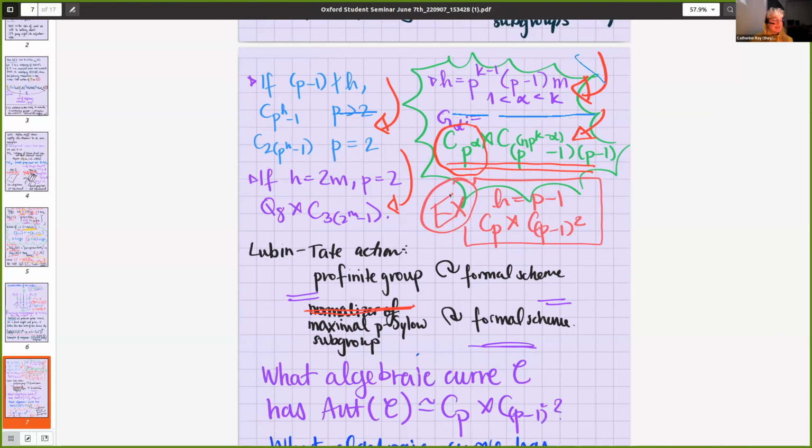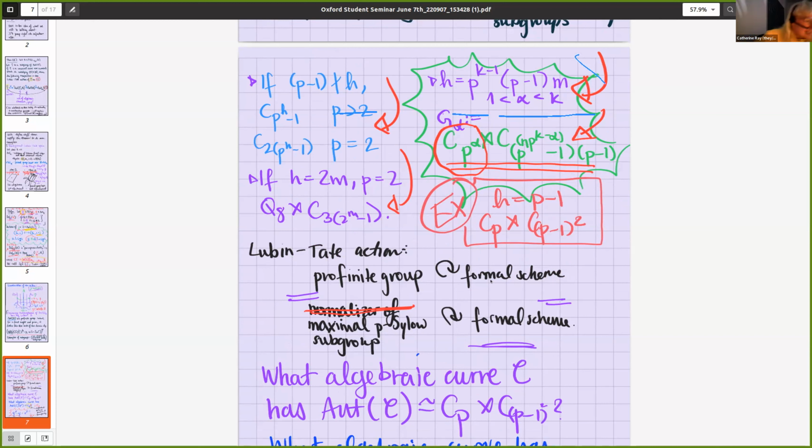Okay. So another way to state the inverse Galois theory problem would be: given a group G, construct a curve whose automorphism group is that group G. All right, so this is the task that I'm presenting for us.